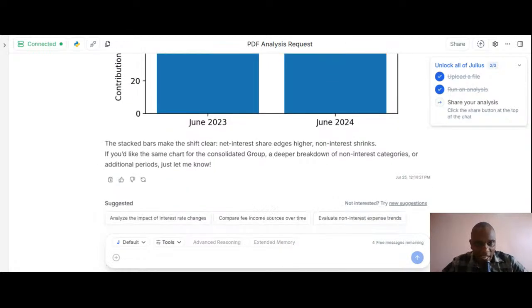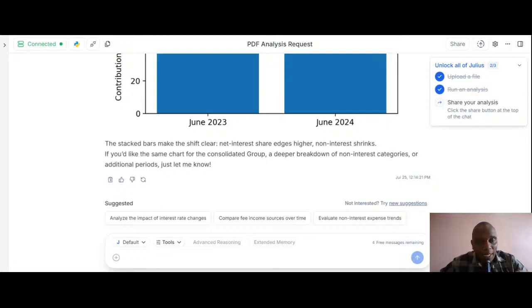It tries to explain that. The stacked bar makes the shift clear. Net interest does edge higher, non-interest shrinks. If you'd like the same chart for the consolidated group, a deeper breakdown of an interest category or additional period, just let me know. So it is telling you that if you want more information about that area, it can actually get it.